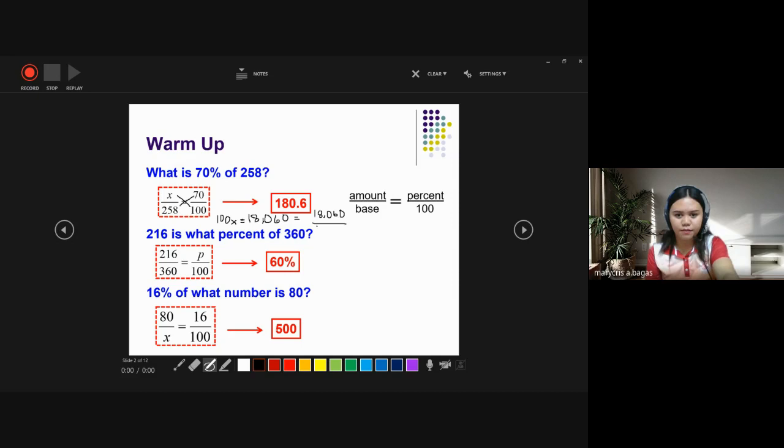So divided by 100, you know already, right? You move the decimal point going to the left. There are two zeros in the denominator, so we have to move two times.